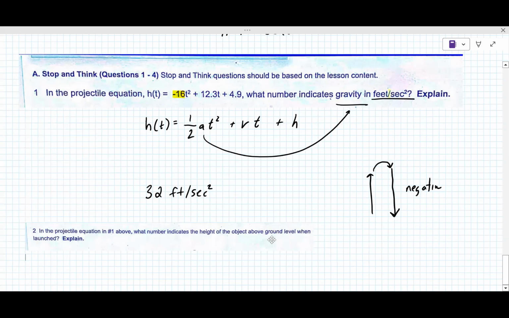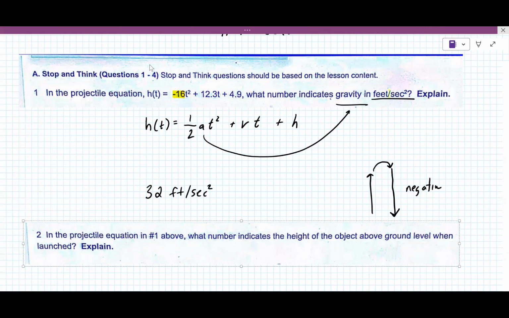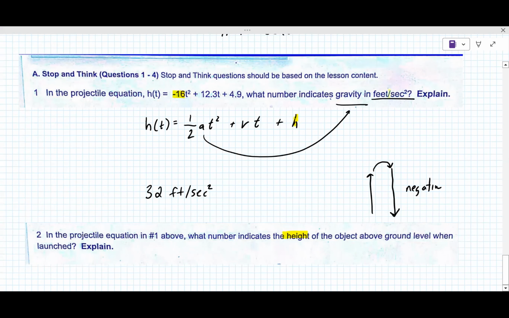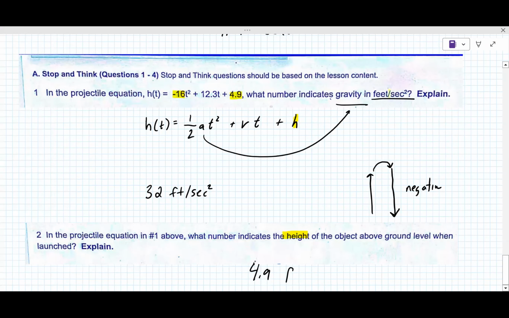That's gravity. All right. So same thing here, except it's asking about the height of the object. So it's trying to indicate that here the height is h, and that's 4.9 in this problem. So that means it started 4.9 feet above the ground.